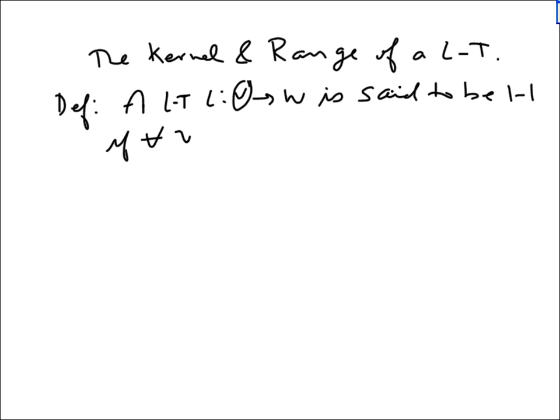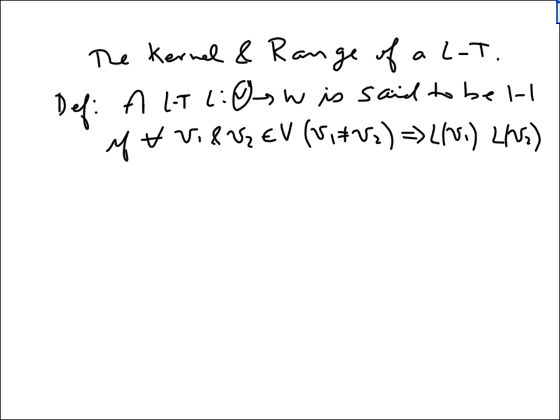That is, for all V1 and V2 in V, where V1 does not equal V2, that implies that L of V1 and L of V2 are different. If you start with different elements from V, then L of those two different elements will be different.